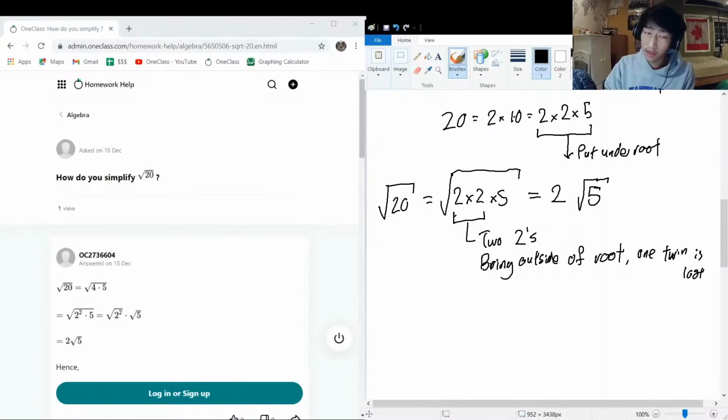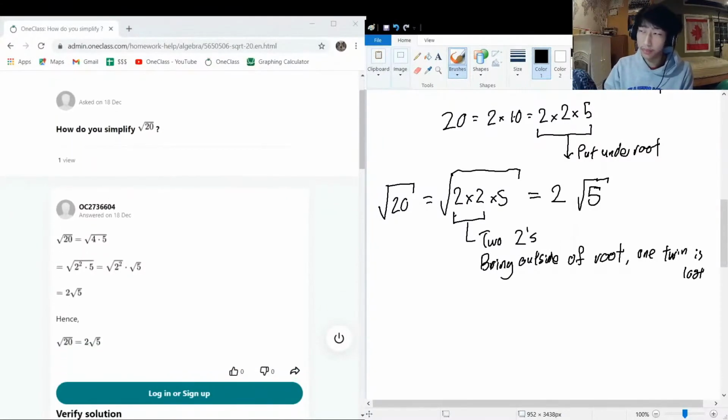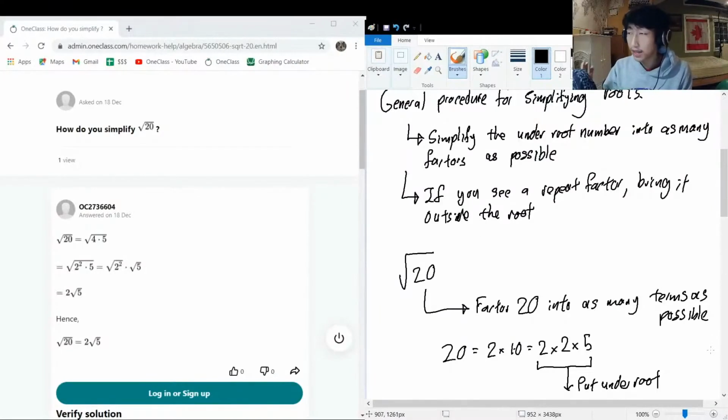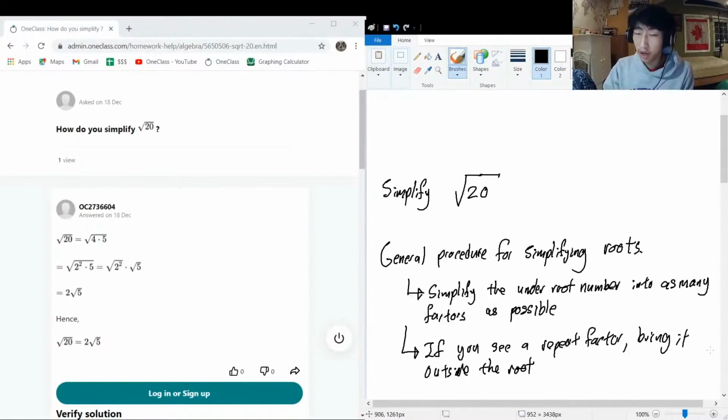Another way you can think about it is to try to see if you have perfect squares. But in my opinion, it's sometimes hard to recognize perfect squares, especially as the numbers get really big. So this procedure in general I would recommend, because you keep factoring everything until you get to purely prime numbers, and then anytime you see a twin, bring it outside, but it becomes a single child once it leaves the root.